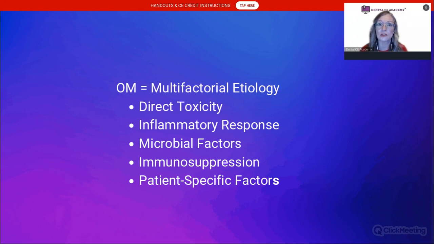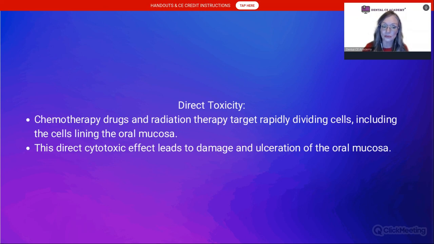Oral mucositis has a multifactorial etiology. It can be caused by direct toxicity from the chemotherapeutic agents. It's an inflammatory response, microbial factors, immunosuppression, and patient-specific factors. When we talk about direct toxicity, we're talking about the chemotherapeutic drugs and radiation therapy that can target these rapidly dividing cells and include also the cells lining the oral mucosa.